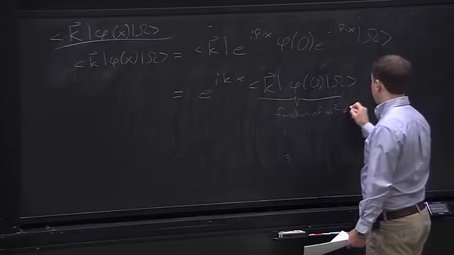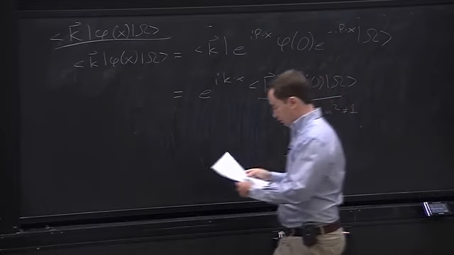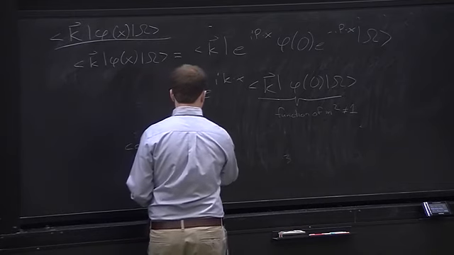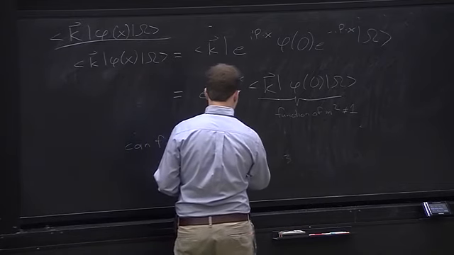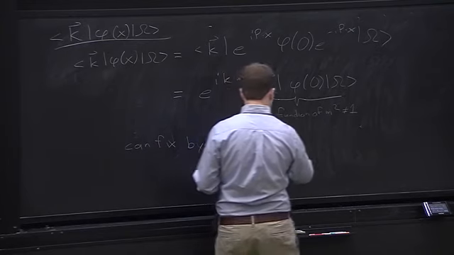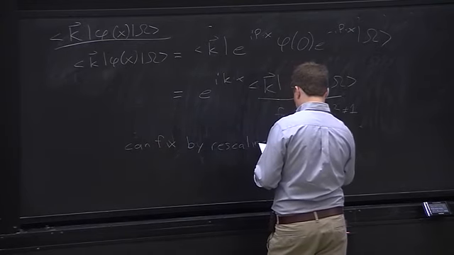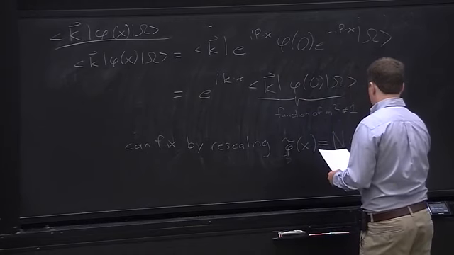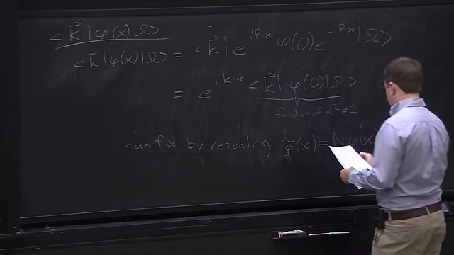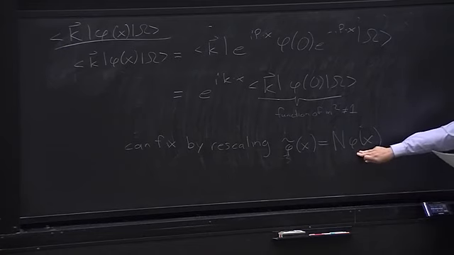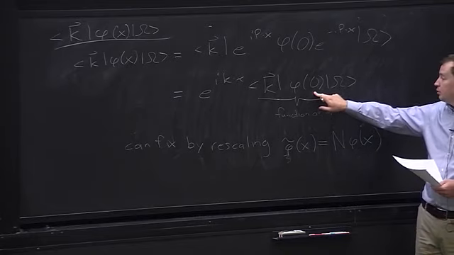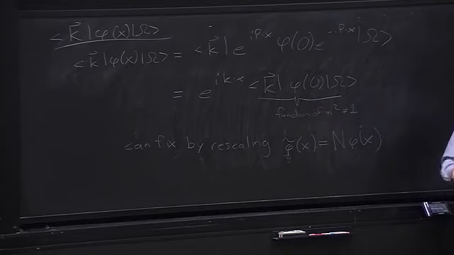So we can fix this by rescaling. So if we take phi tilde of x to be some different normalization times phi of x, then we can set this constant to be 1, no matter what it is originally.